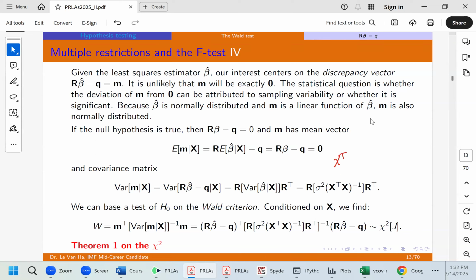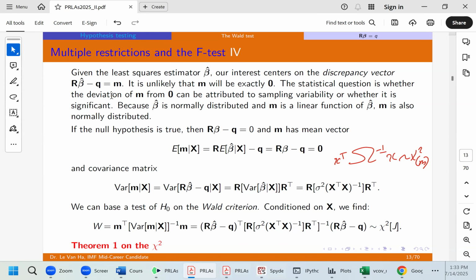Remember that theorem number 1. So this m is now my X. So m transpose, the variance of m given X to the minus 1, this is omega. This will be a chi-square distribution, and its expression is here, right?